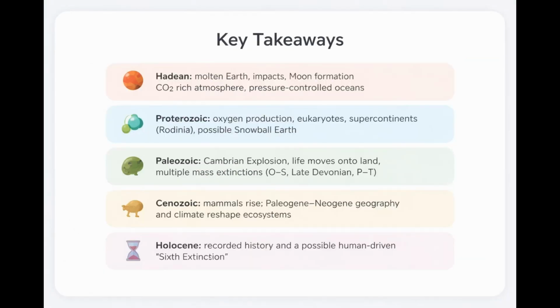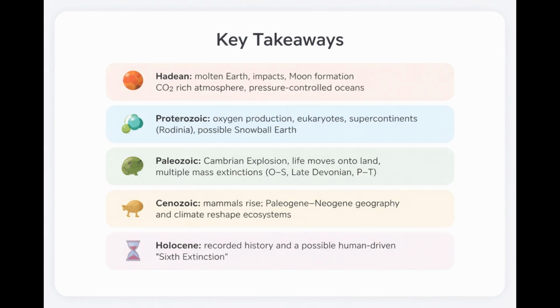To wrap up, notice the repeating patterns. Early Earth is dominated by heat, impacts, and atmosphere-ocean chemistry, where pressure can be just as important as temperature. The Proterozoic brings oxygen and complex cells, alongside major tectonic cycles and extreme climate events.